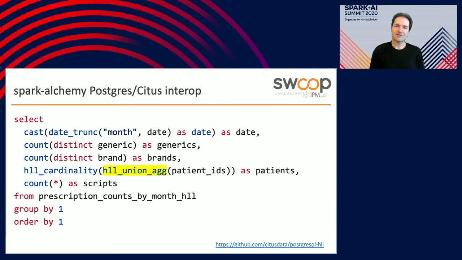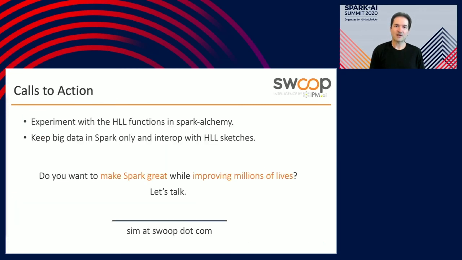So that's all I have for you today. And I want to leave you with a couple calls to action. I really encourage you to take a look at spark-alchemy and see all the different capabilities of HyperLogLog data structures and the native Spark functions that spark-alchemy exposes. And if you're doing any type of distinct counting, you should be thinking about whether you should be doing it approximately with HyperLogLog sketches.